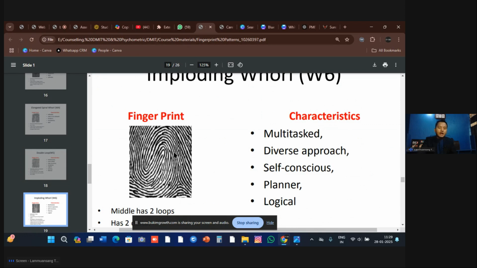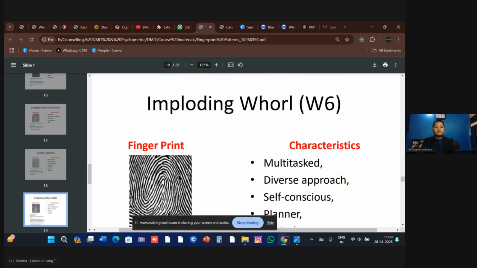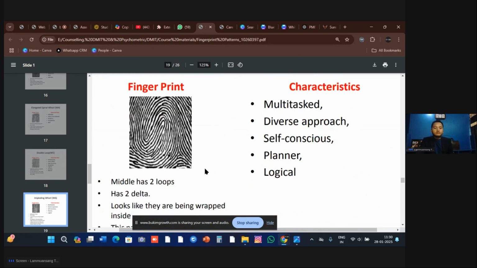The flowing out part is different. That is why this is W6. Okay, it has two centers, one center here, another center here, two centers, two tri radius. Got it?